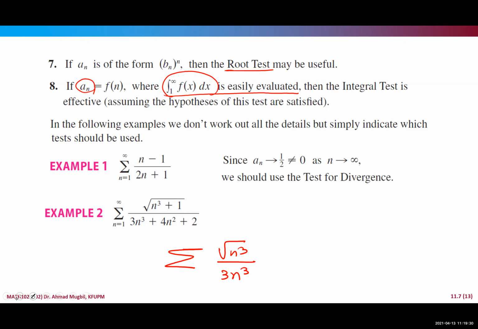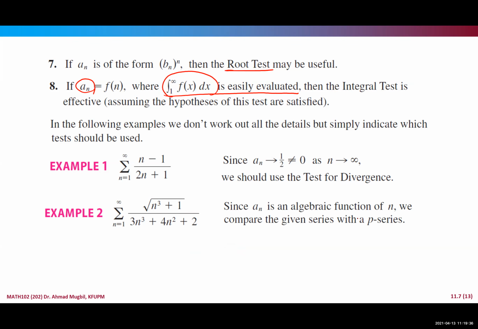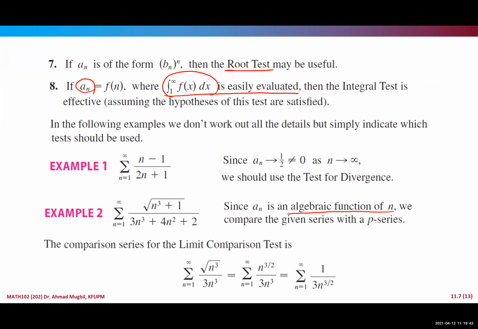Walid, do you have another idea other than what Mansour said? No. Okay. So here, since the nth term is an algebraic function of n, we compare it with the given P series. We will compare it with the square root of n to the power 3 over 3 to the power n to the power 3. Now simplify.